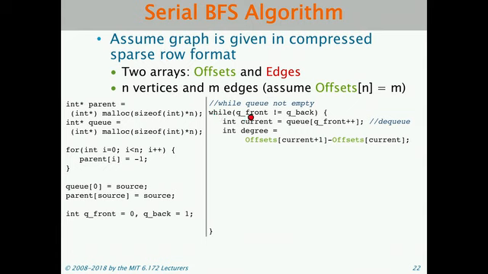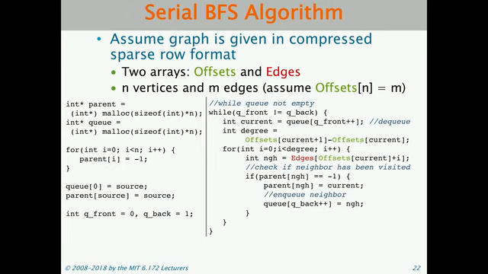I also assume that offsets of n is equal to m, just to deal with the last vertex. Then I'm going to loop through all of the neighbors for the current vertex. To access each neighbor, I go into the edges array. I know that my neighbors start at offsets of current, and therefore, to get the ith neighbor, I just do offsets of current plus i. That's my index into the edges array.